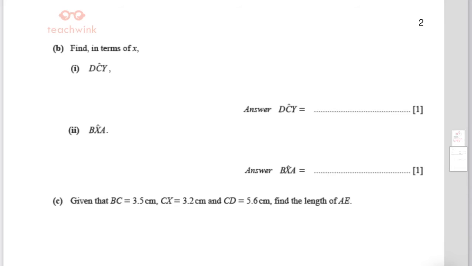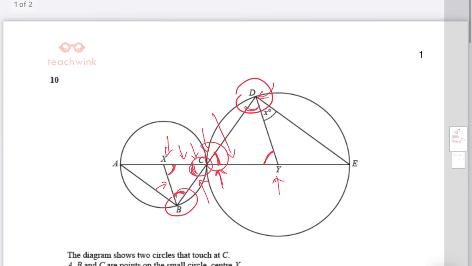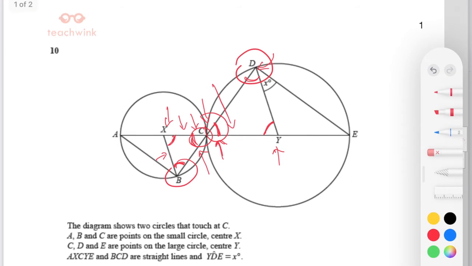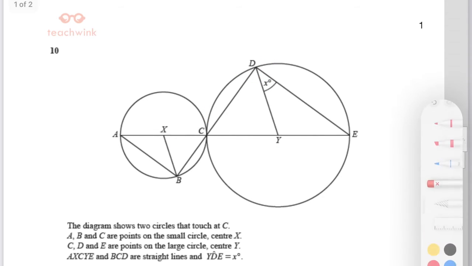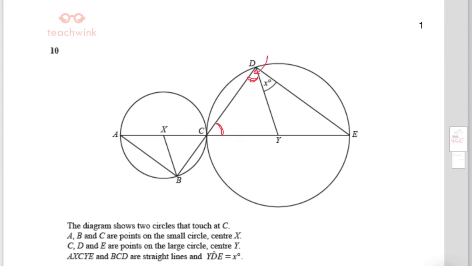The next part says find in terms of x. Part 1 says DCY. So let's remove all these scribblings first. They've asked us to find this angle in terms of x. Now how do we do that? If we can find this angle right here, it would be exactly the same as DCY. So what is this angle?